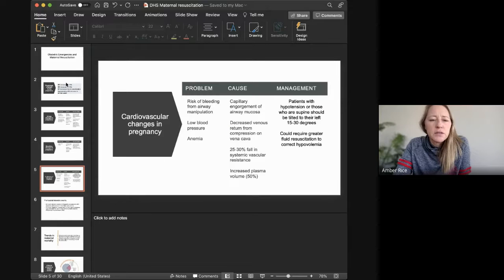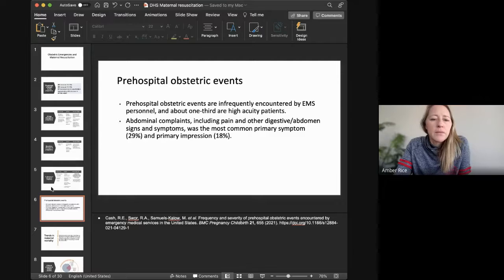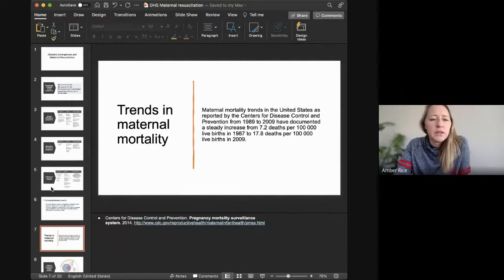Cardiovascular changes. So these are general things, right? Could require greater fluid resuscitation. I mean, this could go for anything, cardiac arrest or trauma or whatever. And then a little bit of information just about pre-hospital obstetric events, trends in maternal mortality.